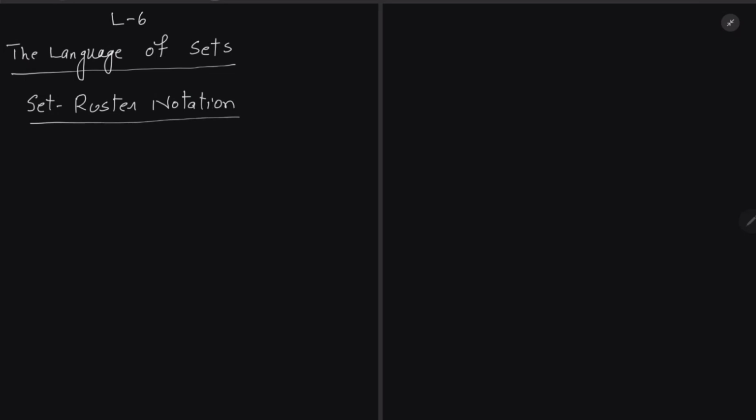Since we encounter sets in our daily life, for example, if you want to have a set of furniture, then you can write chair, table, etc. If you want to have a set of fruits, then we have apple, banana, and so on.